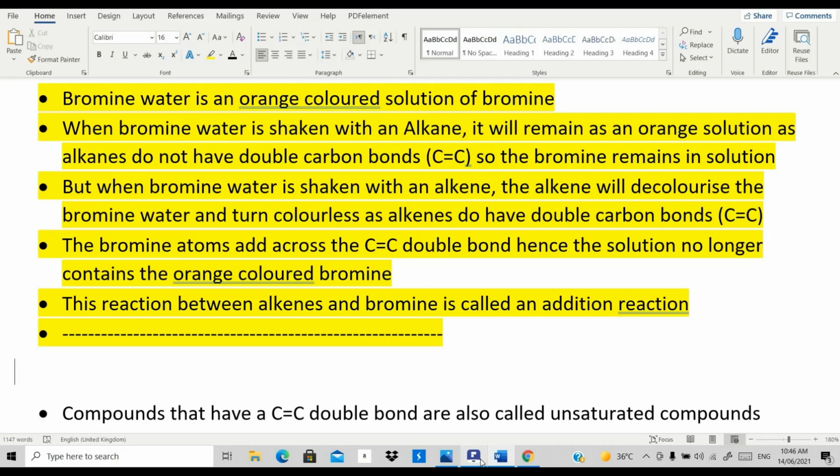This means they are saturated compounds. The bromine remains in solution. But when bromine water is shaken with an alkene, it's similar for this question. It's propene, an alkene.